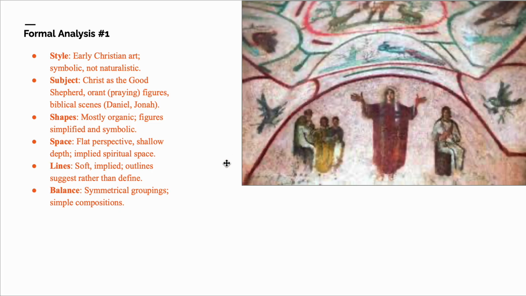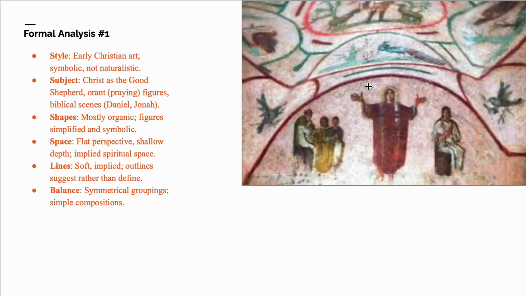And seen in this picture right here, you had the soft outlines, which suggest rather than define. You have the red, green, earthy tones, and green up here as well. They really went with these colors in the catacombs.